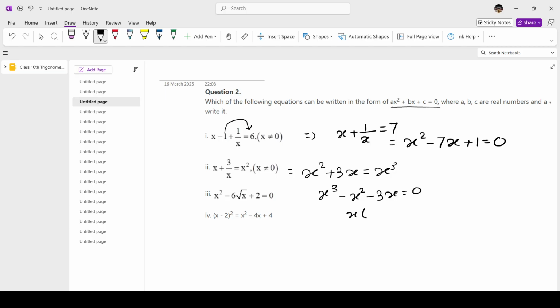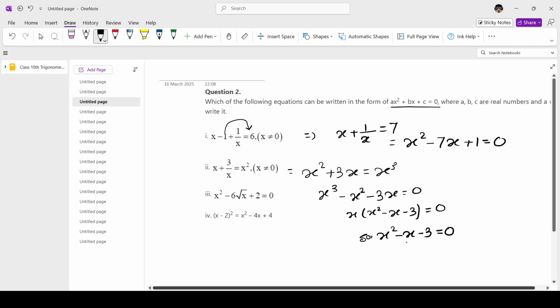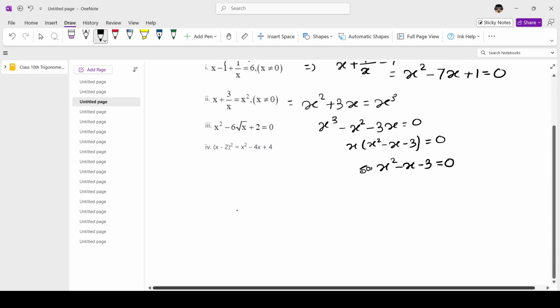Take the x common. So this will be x squared minus 8 minus 3 is equal to 0. So we can write here x squared minus 7 minus 3 is equal to 0. So it is a quadratic equation, and we have to write it in the form of x squared plus bx plus c. Okay.